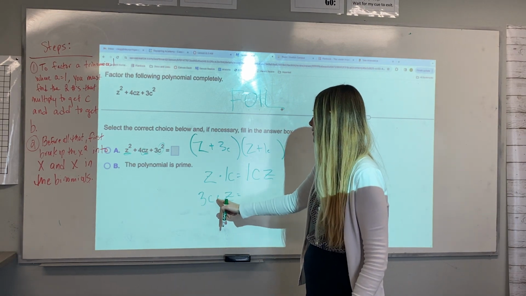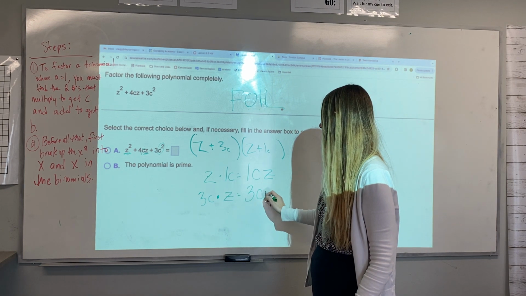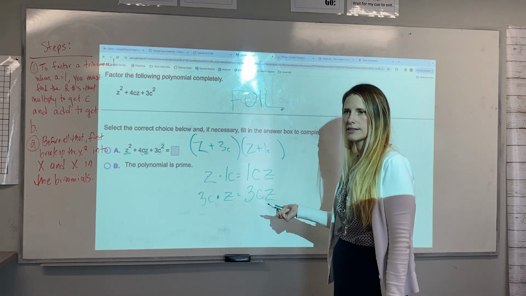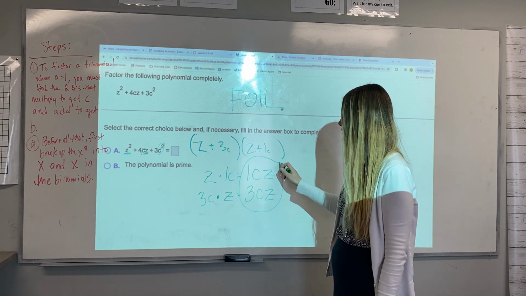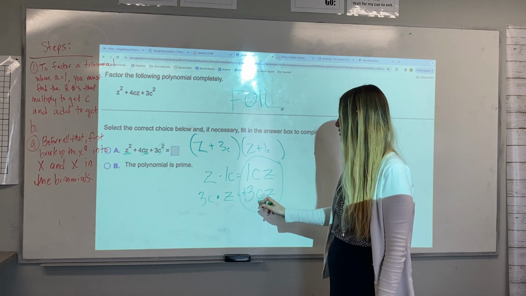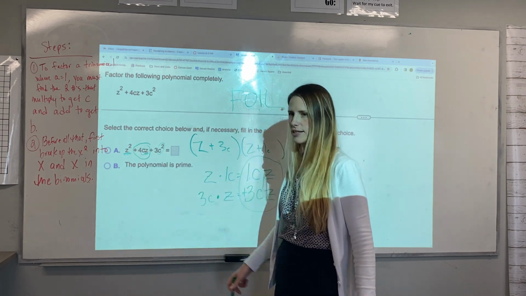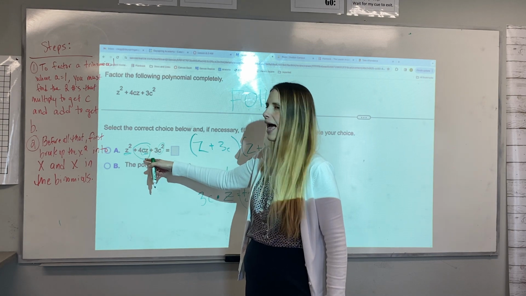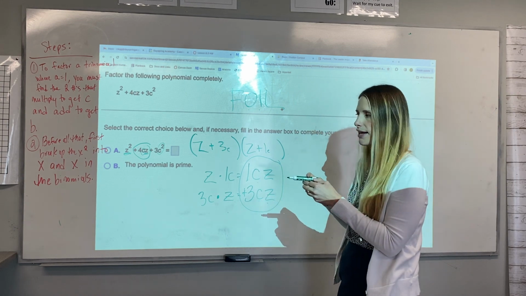What's 3c times z? 3cz. Notice how these terms are both cz terms. If we're FOILing it, we would have to combine them. 1cz plus 3cz equals 4cz. That's why your middle term ends up with both the c and the z, because multiplying the outer and inner will give you that term.